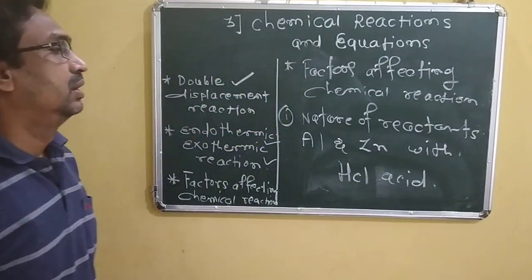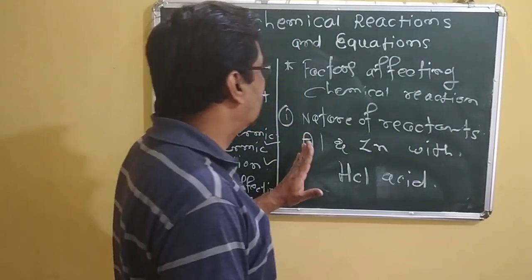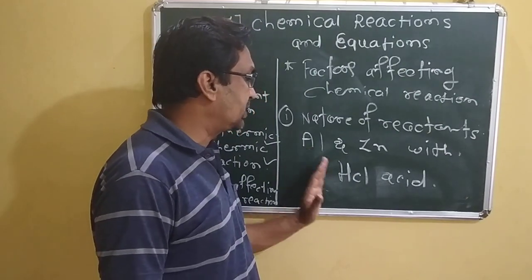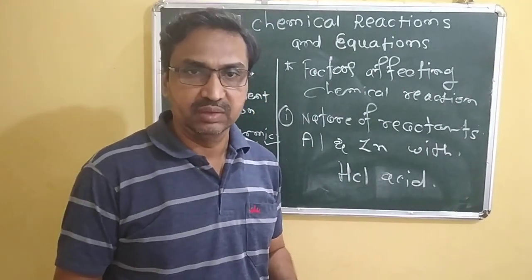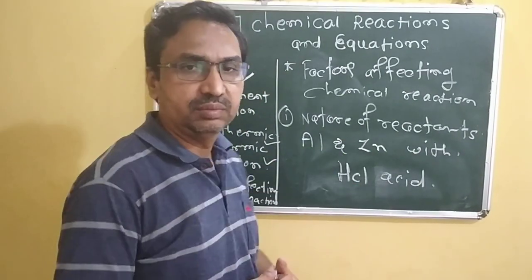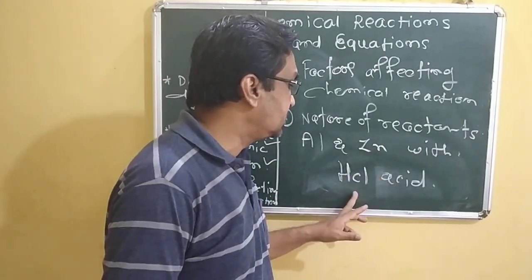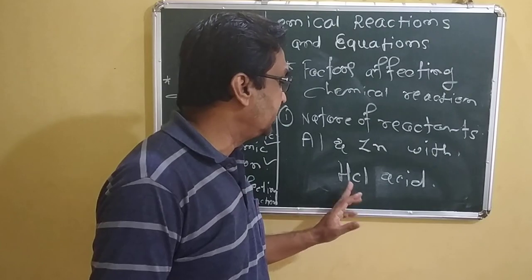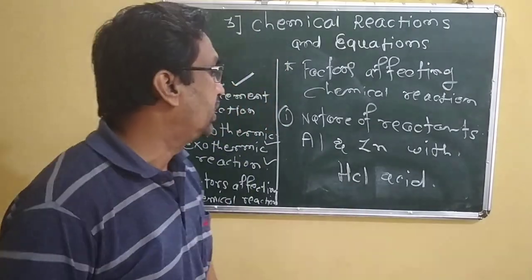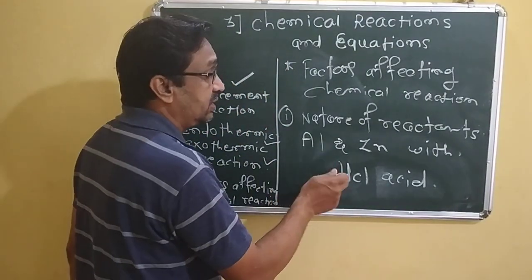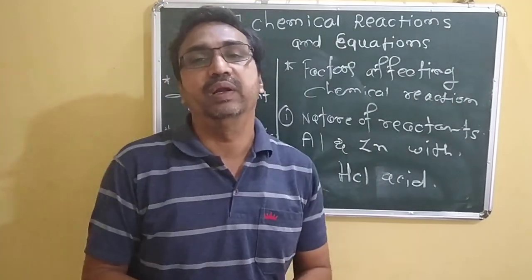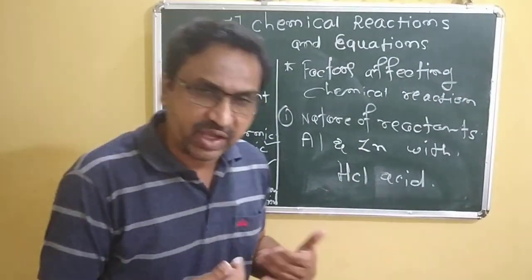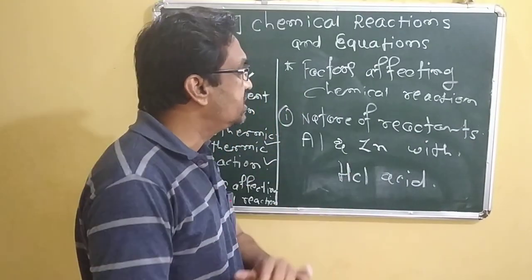What happens is that when aluminum reacts with HCl, the reaction takes place more rapidly in comparison with zinc. When zinc reacts with HCl and aluminum reacts with HCl, we find that the reaction of HCl with aluminum is more rapid. It is faster than the reaction with zinc.